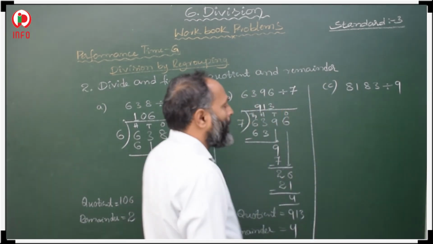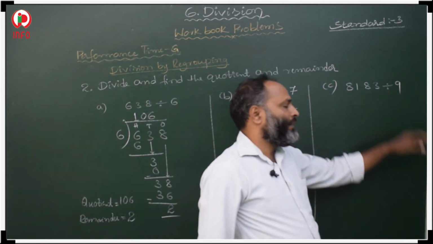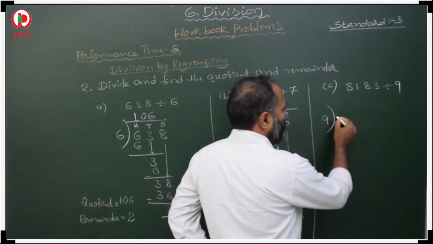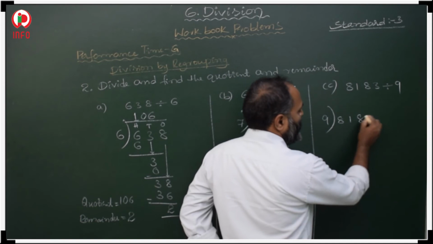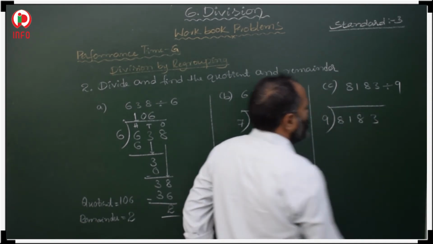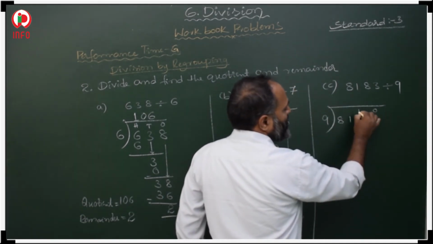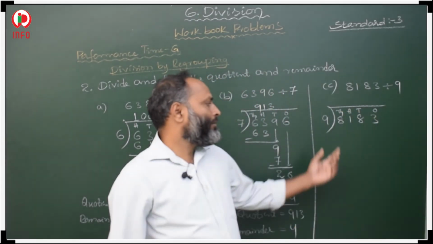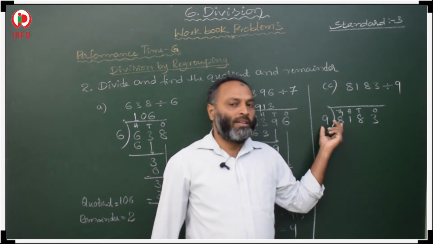Next, 8183 divided by 9. So, 9 divides 8183. Now this is ones place, tens place, hundreds place and thousands place. First we divide the thousands place with the divisor.